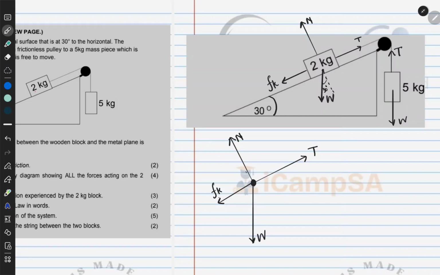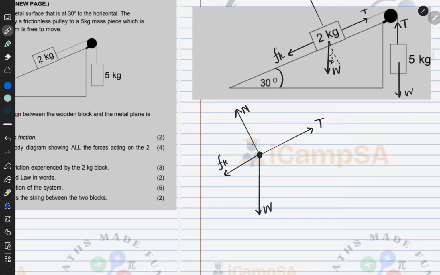That's our weight. This is for the 2 kilogram block.